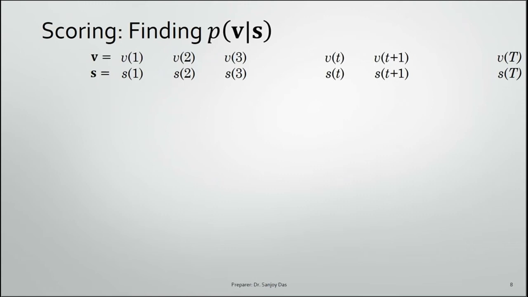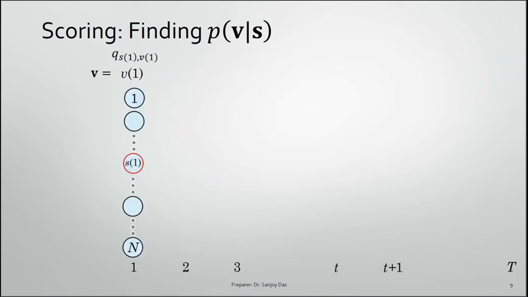Now the next goal is to find P of V given S. How do we do that? So we have the state sequence, and now we are going to find probabilities of the output sequence V. The probability of V1 being generated from S1 is simply the corresponding emission probability Q S1 V1.